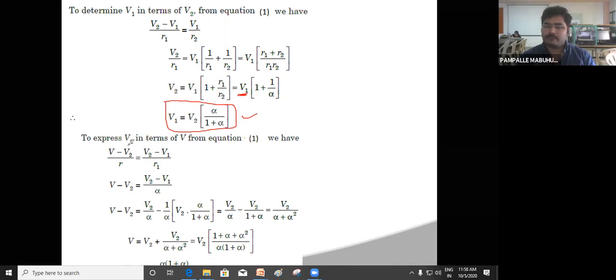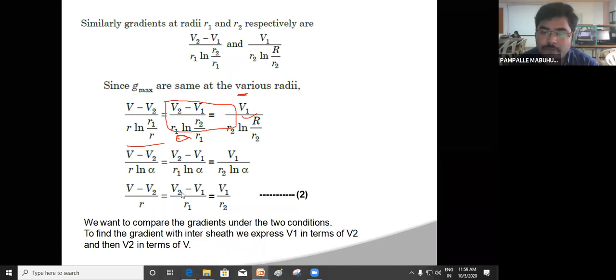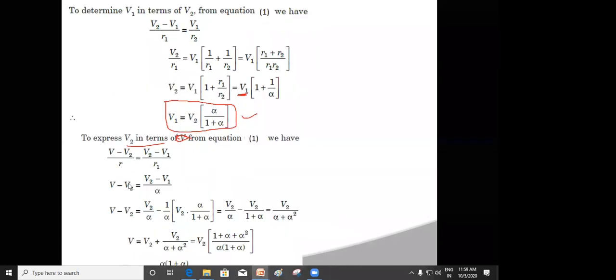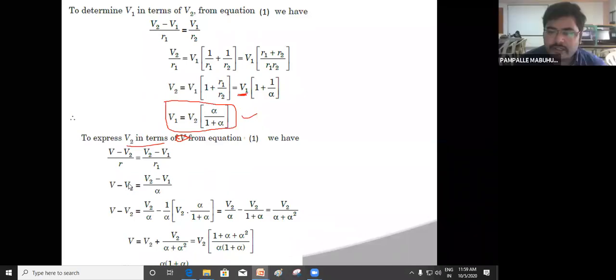Okay, similarly, you express V2 in terms of voltage V. To get V2 in terms of V, you equate the first two terms: (V minus V2) by R is equal to (V2 minus V1) by R1. So these two terms you take from that equation. So here V minus V2 can be written as (V2 minus V1) by R1 by R. So R1 by R is again alpha. So directly I am writing alpha here.